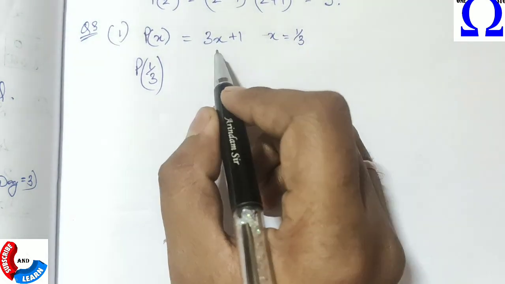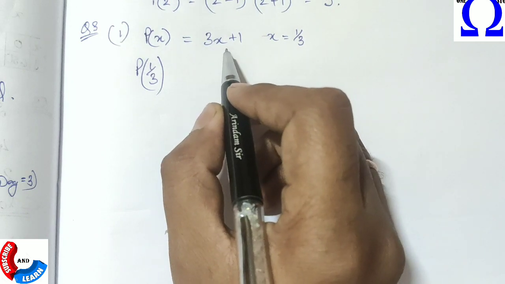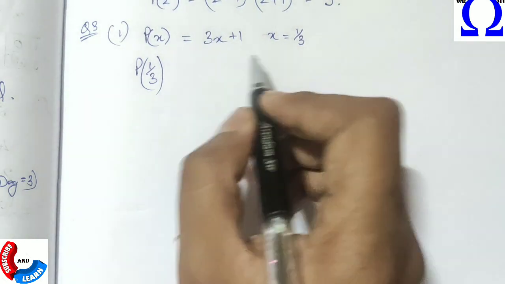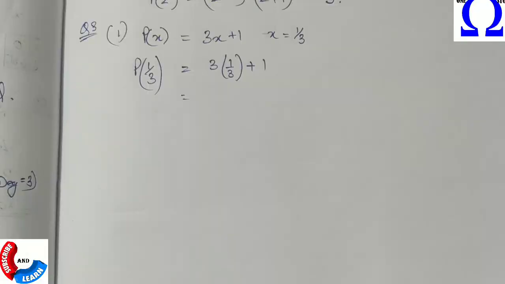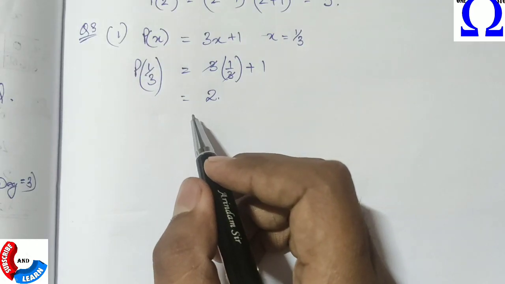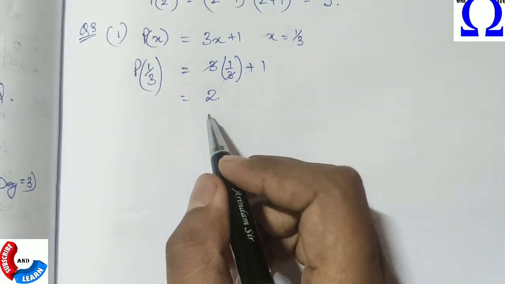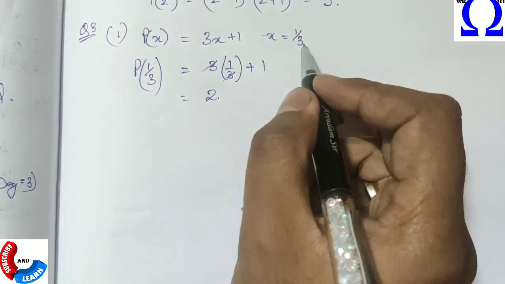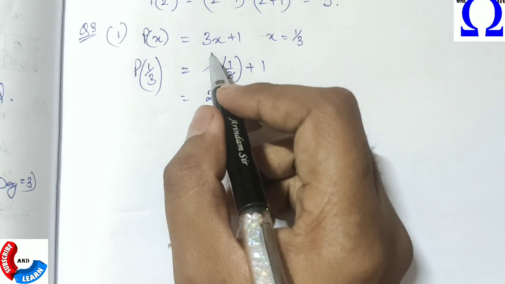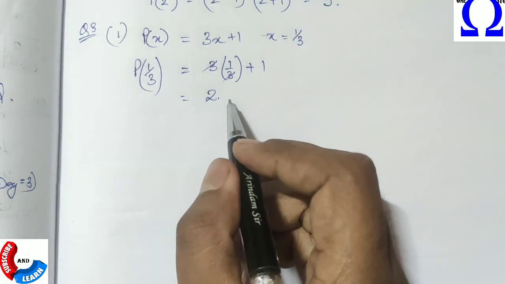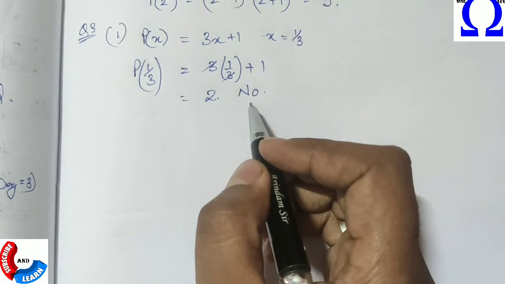And if not, it is not the zero. Since the value of this polynomial is not coming to 0, therefore 1 by 3 is not the 0 of this polynomial. So the answer is no, it is not the 0.